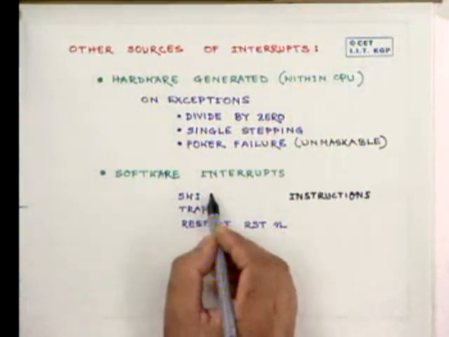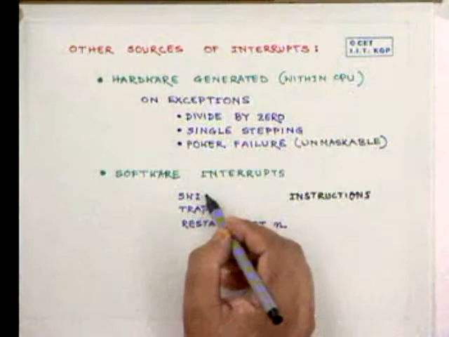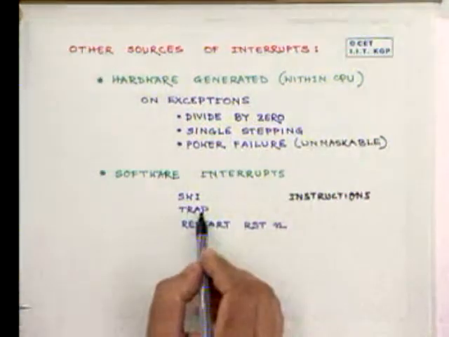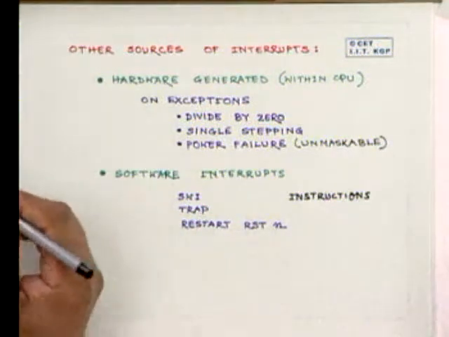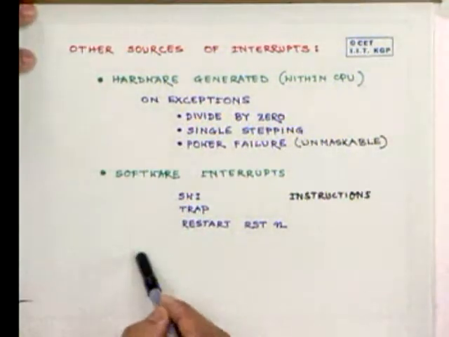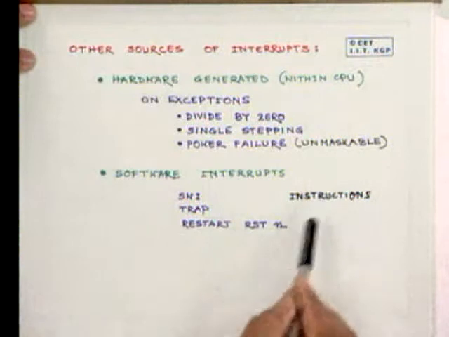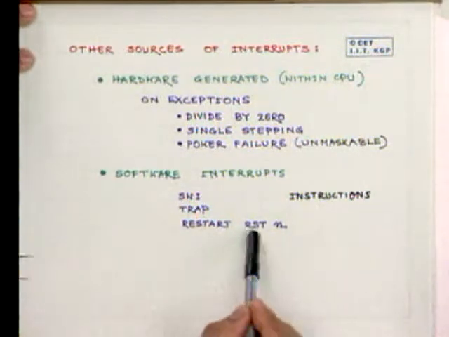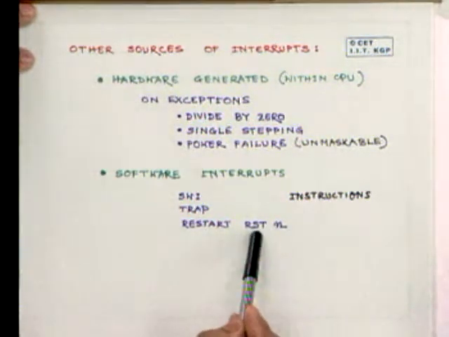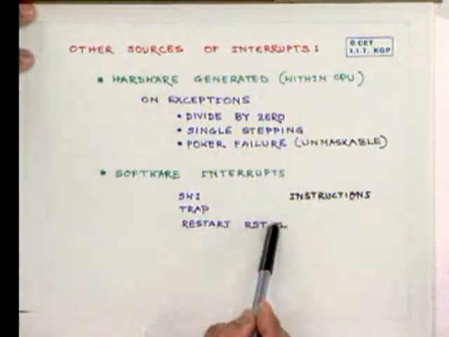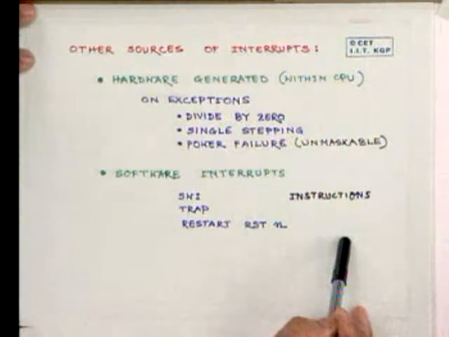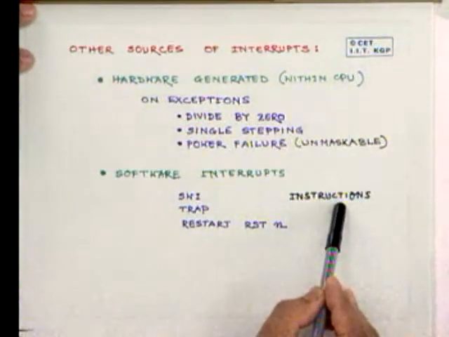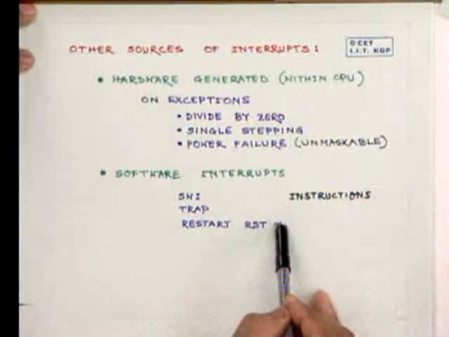On execution, it will move to a software interrupt handler, possibly vectored. Similarly, trap is a software interrupt instruction. If while executing a program a trap instruction is executed, then it goes to the interrupt handler. Restart is another, RST N. Depending upon the value of N, which particular interrupt handler it will go to, and at which location, is determined.